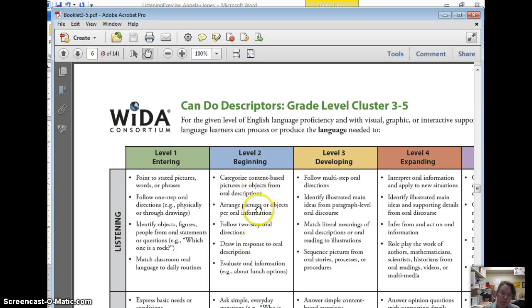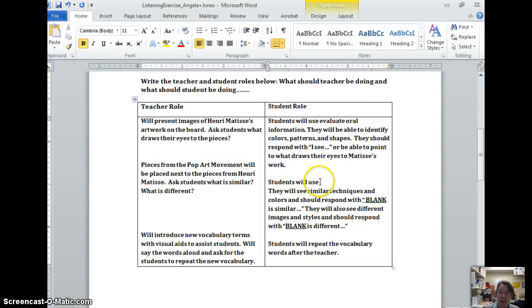So essentially, they're not only evaluating oral information, but now they're being asked to categorize content-based pictures or objects from oral descriptions. So I would include parts of that can-do description language into the student side of this exercise.